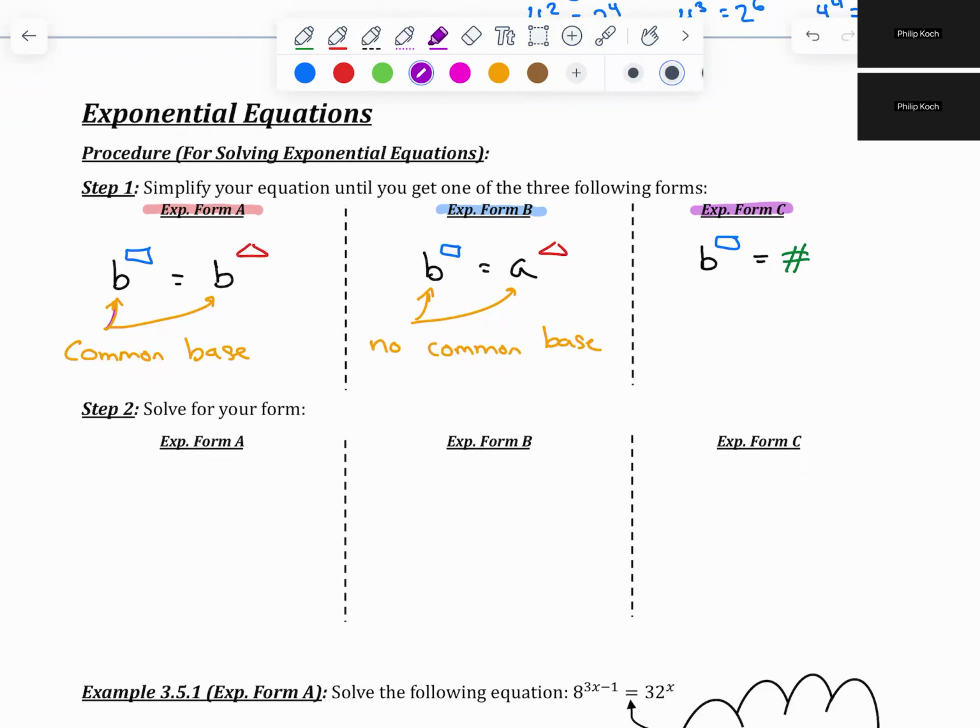So depending on which form you get into, you're going to solve the form. If you got them being the common base, then all you need to do is set the exponents equal to each other. Set the blue box, and once again, highlighting this to make sure it's in the same section, blue, and then purple, set the box equal to the red triangle.